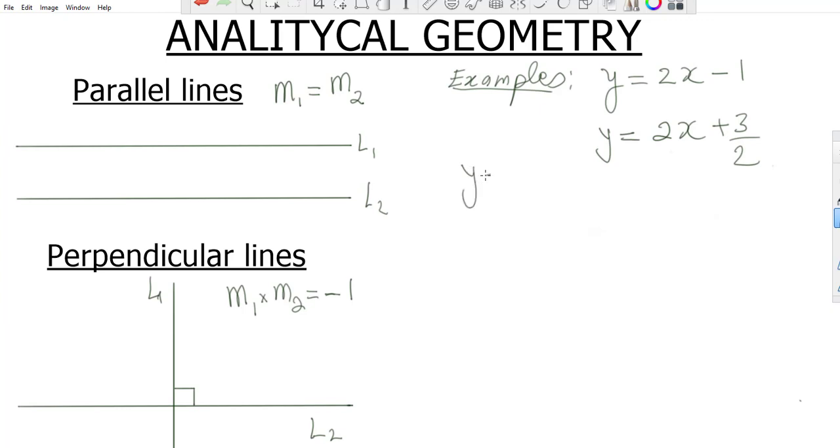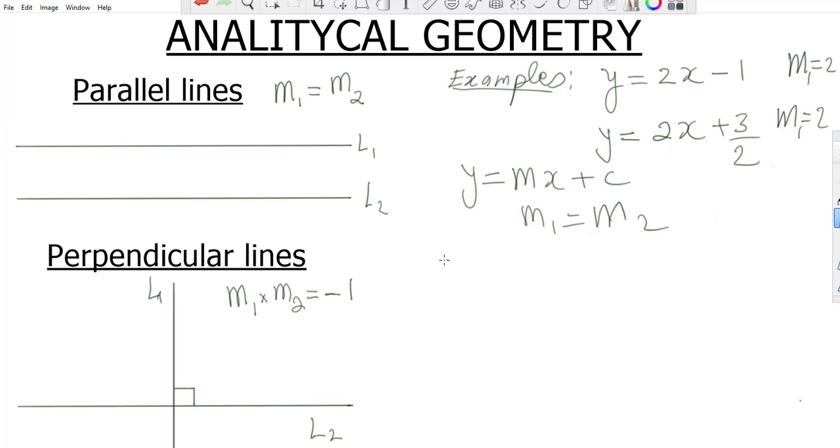Remember the equation of a straight line. So the gradient of the first one, m is equal to 2, and this gradient also m equal to 2. So this is m1, m2. So both are equal, meaning that the two lines are parallel.